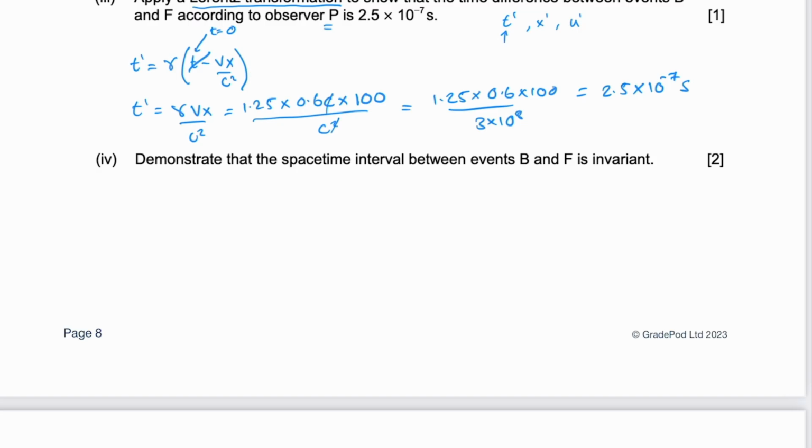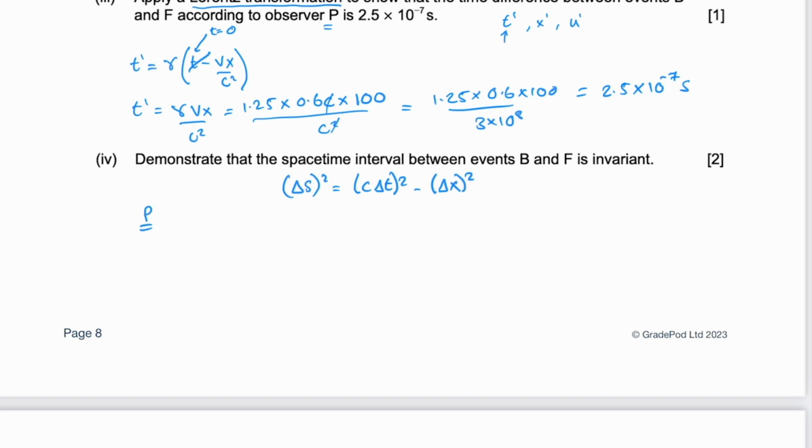4. Demonstrate that the space-time interval between events B and F is invariant. So we want to prove the invariant quantity. We need to use this equation here. This is from your data booklet, of course. Delta s squared equals (c delta t) all squared minus delta x squared. And we're going to do that for each observer.